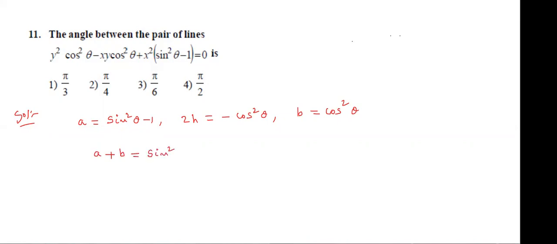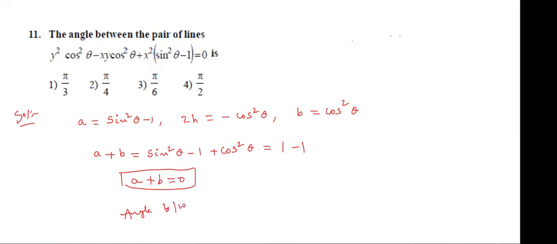Sine square theta minus 1 plus b cos square theta. We know that sine square theta plus cos square theta has value 1, and minus 1 is there. 1 minus 1 is 0. If a plus b is equal to 0, what is the angle between the pair of lines?